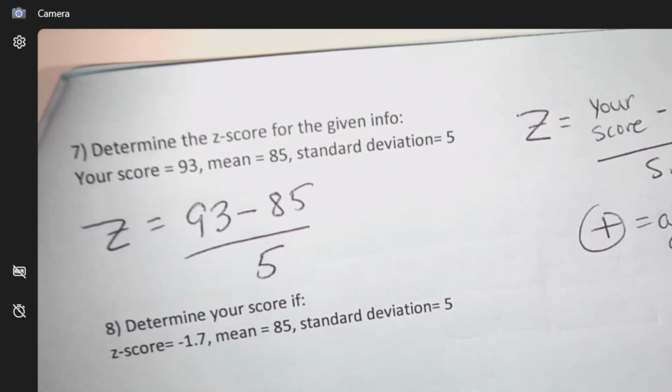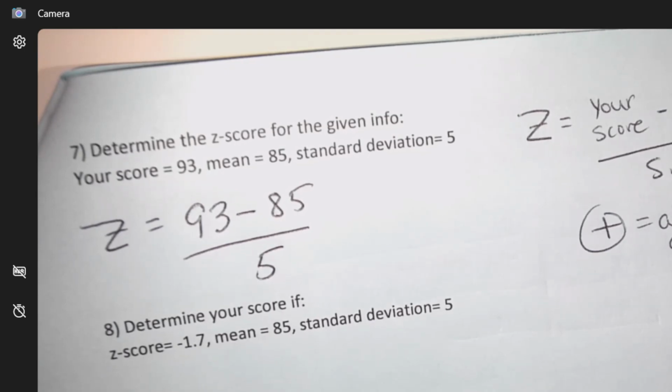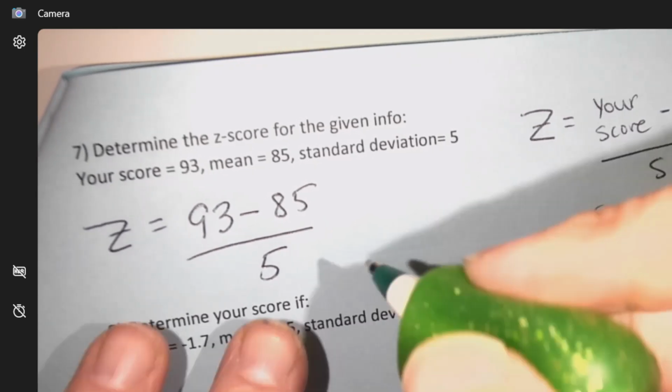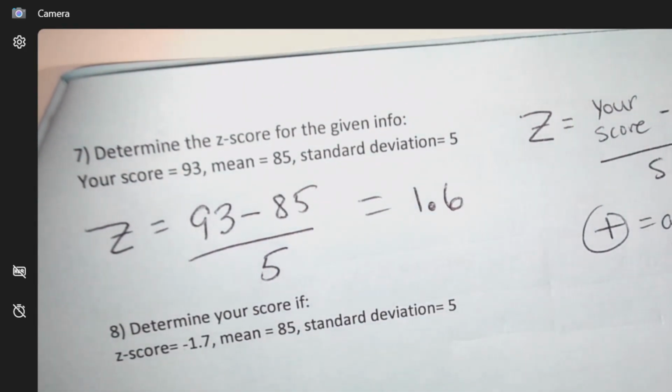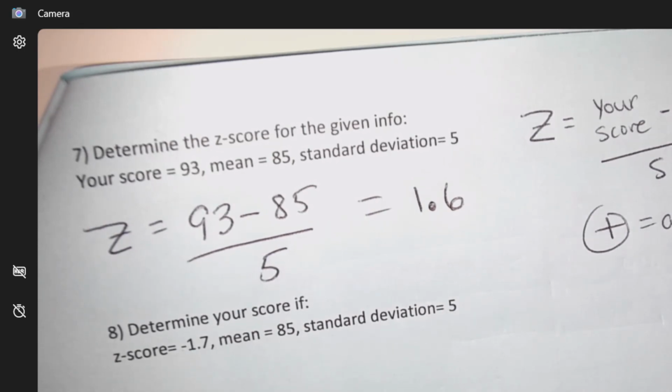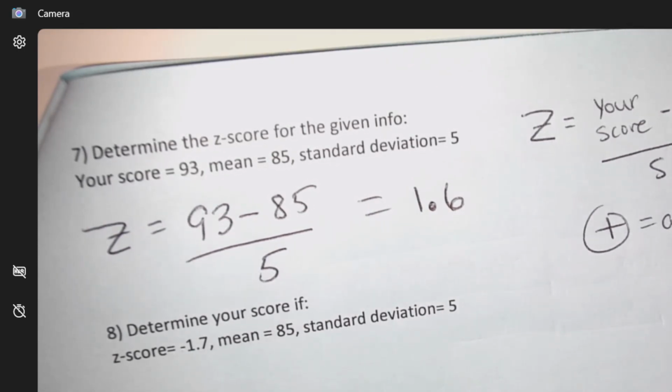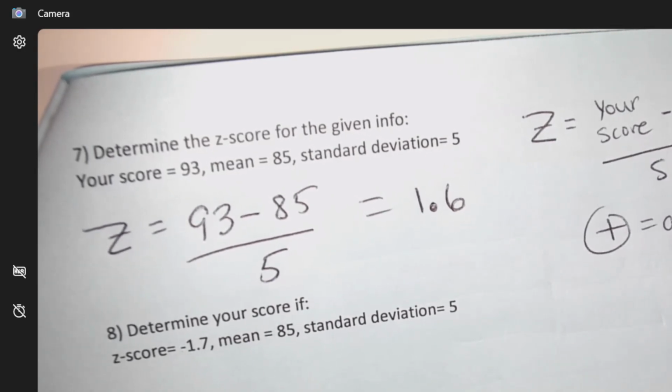So I'm positive because I'm above the average. And remember, Z-scores on our chart, most of them are between -3 and 3. Sometimes you might be a little bit out. You might be 3 point something, okay? But most of the time, right, 99.7% of the time, you're between -3 and 3.